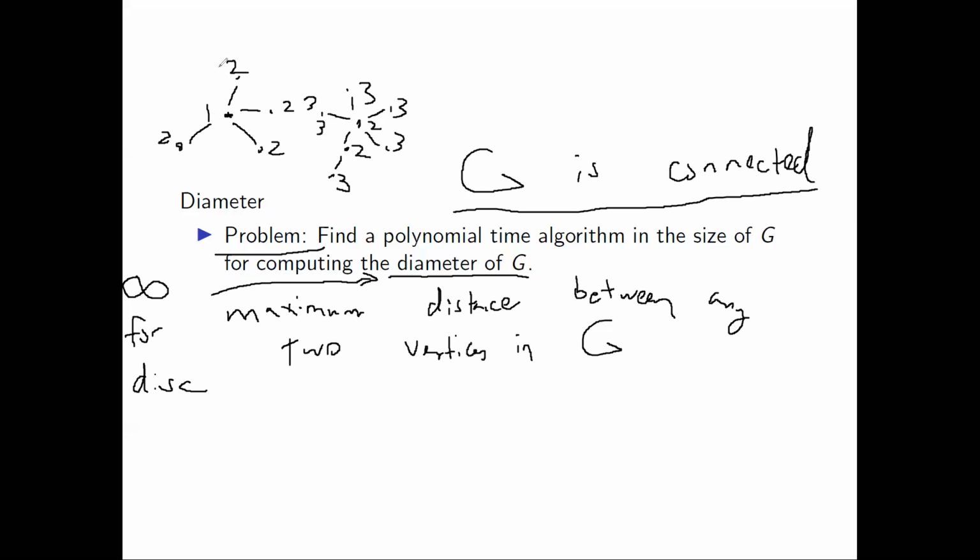So over here, the maximum ones are all 2. So we can just take one of those 2's, and that's the diameter. So the maximum distance between any two vertices in that one is 2. And over here, there's a bunch of occurrences of the maximum, which is 3. So I'll leave that problem for you to think about. And you can use a similar method to the one that we talked about on the other slide.